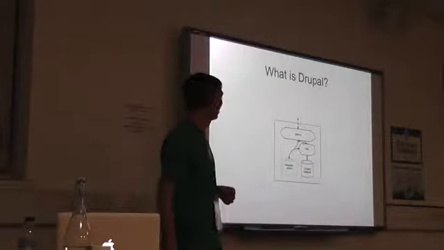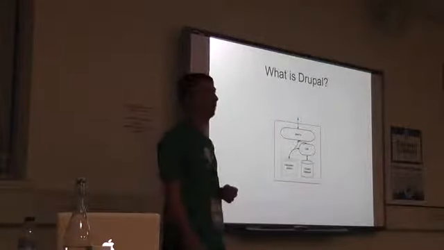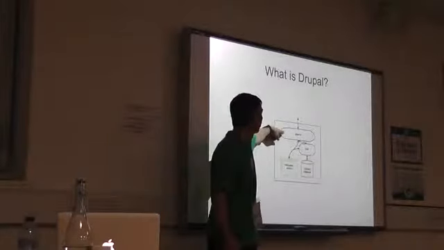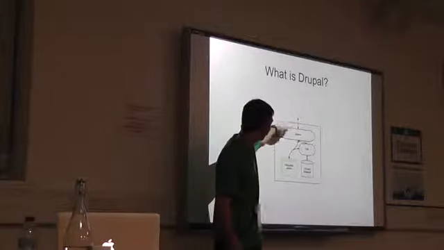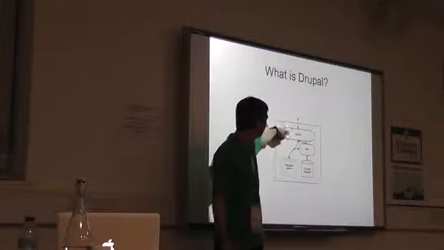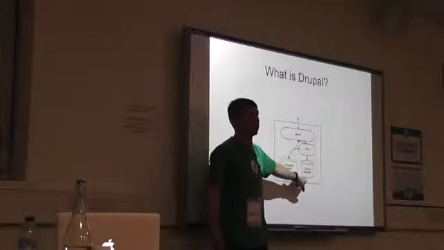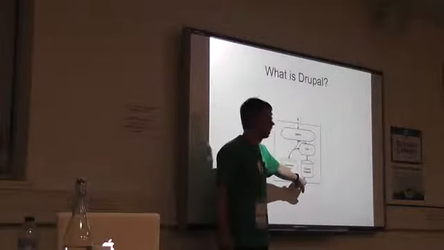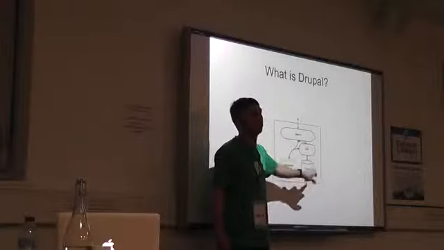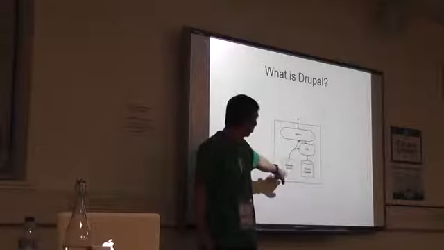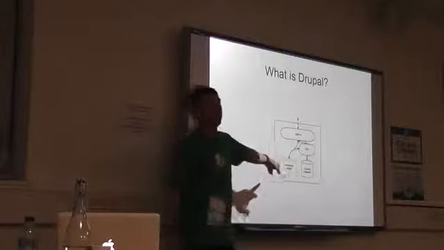To step right back, what is Drupal? What are we trying to scale here? So just in general, I'm sure you're aware, you've got a web server, Apache, could be Nginx, but anyway, it's an HTTP server, talking to PHP code, that then queries the content database that stores all of the content created by administrators and users, also Drupal configuration, and also assets stored on the file system.